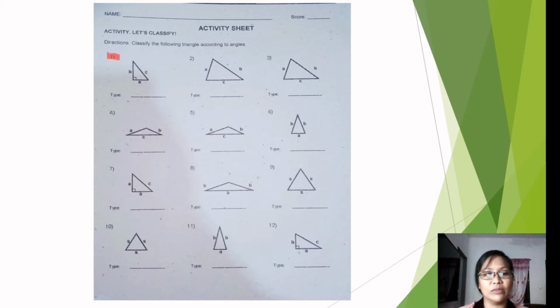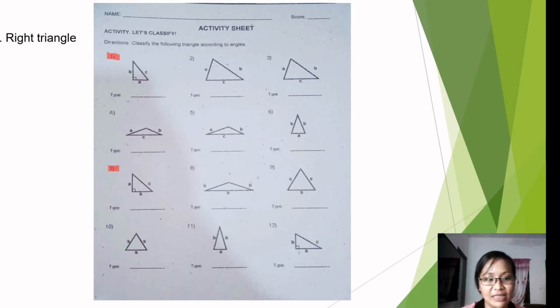In our number one, as you can see, there is a small box or square. That means 90 degrees. So if there is a 90 degrees angle here, that means the answer is right triangle. Let's check for another right triangle.